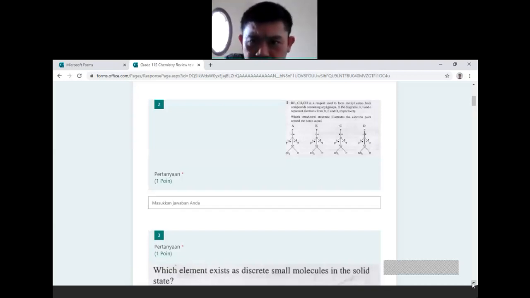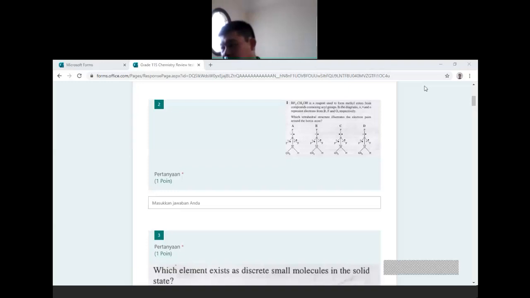BF3 and then CH3OH is a reagent used to form methyl esters, to form compounds containing acyl groups. In the diagram, X, shaded dot and unshaded dot represent electrons from boron, fluorine, and oxygen.